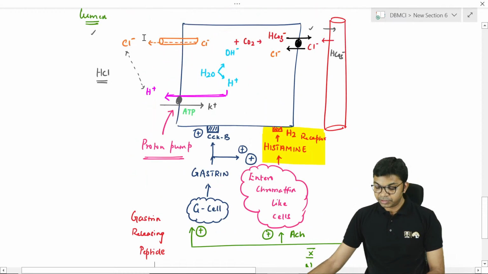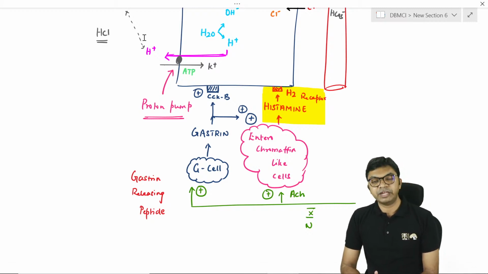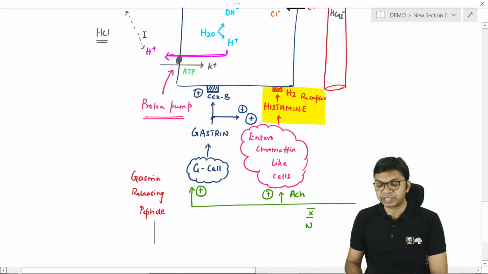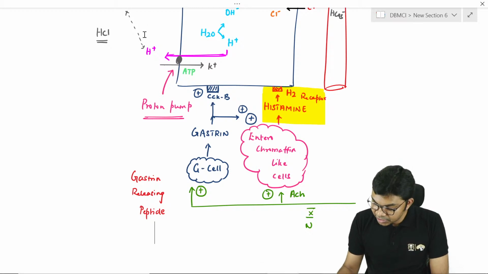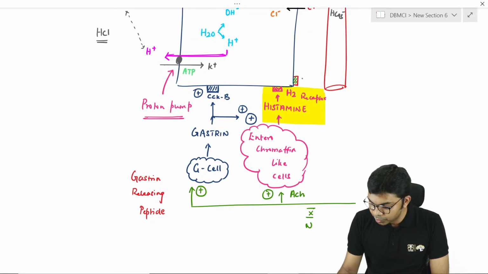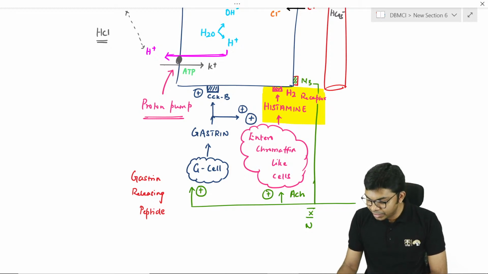Alright, fine. So that's gastrin releasing peptide, the neurotransmitter of the vagus nerve influencing G cells, and acetylcholine influencing enterochromaffin-like cells to produce histamine. Now, apart from these two actions, the vagus nerve straight away influences parietal cells through muscarinic receptor type 3 to produce gastric acid, and again the neurotransmitter in this pathway is acetylcholine.